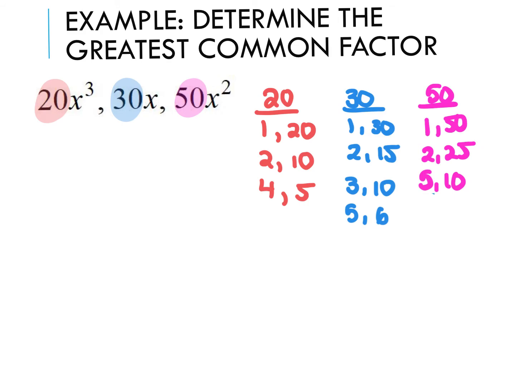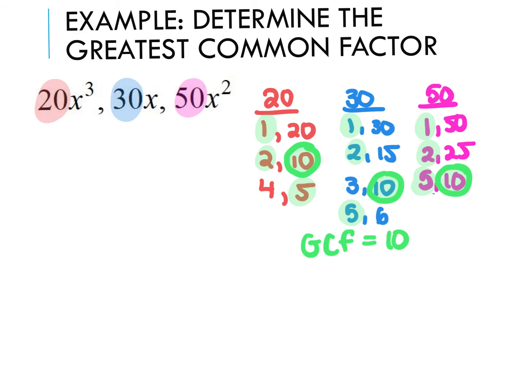Now we want factors that are common in all 3 of these. So we can see that all of them have a 1, they all have a 2, they all have a 5, and they all have a 10. Now the greatest of these factors is the 10. So our greatest common factor is 10.